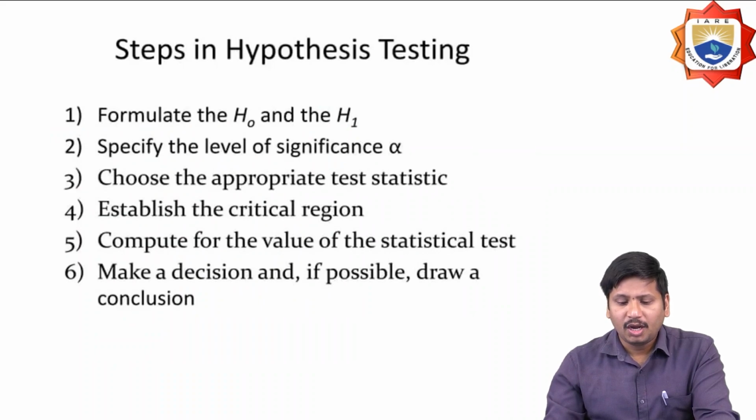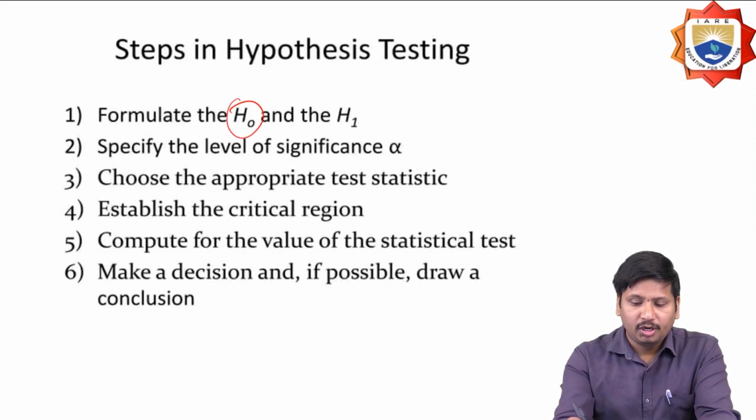So these are the elements of the testing of hypothesis. What are the steps we have to follow in testing of hypothesis? Initially, I have to formulate H0 and H1.